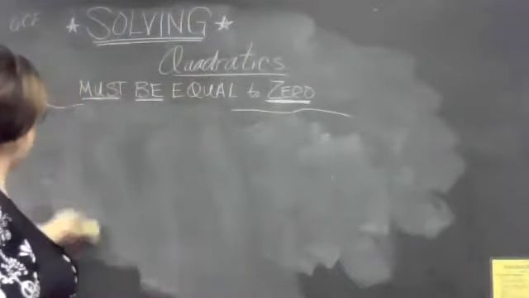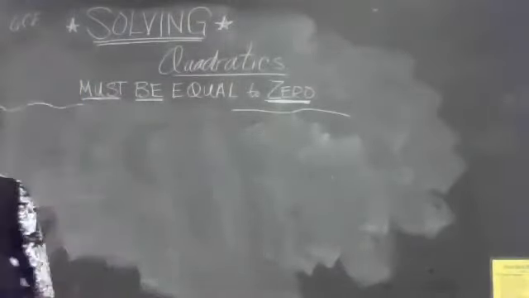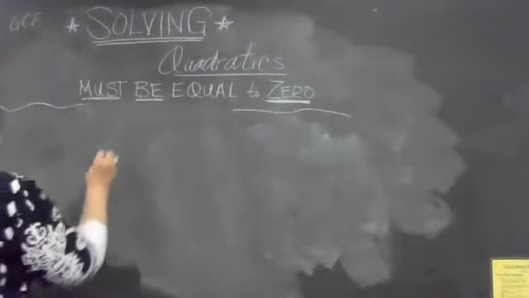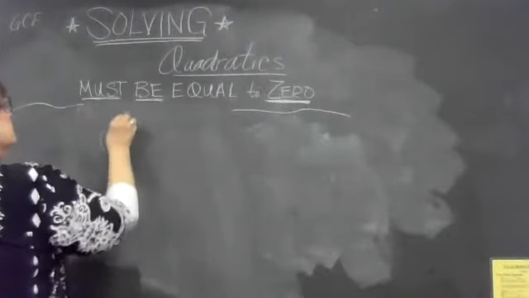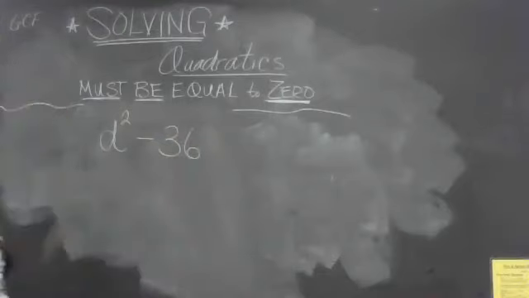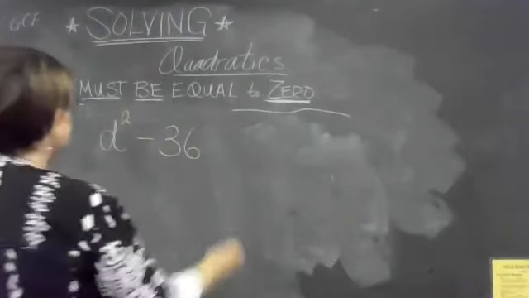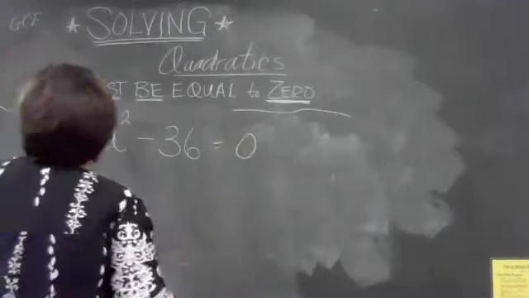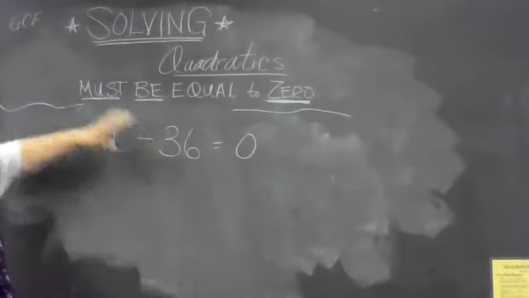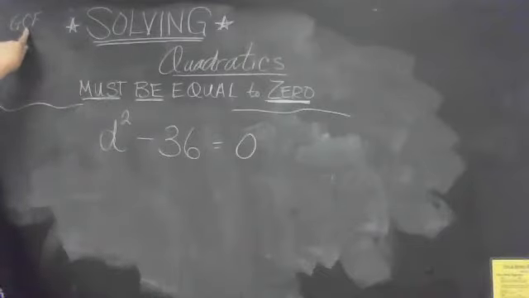Here's another one that you might find, and it calls into play our specials from yesterday. So let me find it right here. Okay, since we know we're going to be solving, I'll go ahead and put my equals 0 out here. Okay, so for this part, I need to look for greatest common factor first.